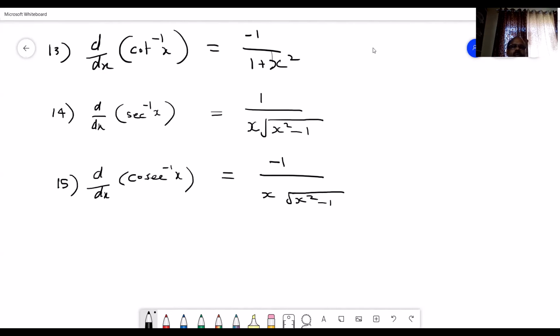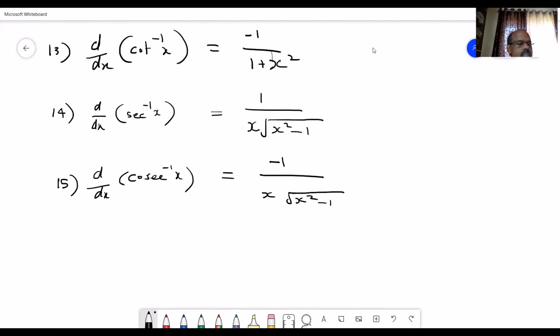Now let us come to the hyperbolic functions. The circular functions are over now. Let us once again see the derivatives. Sine inverse x is 1 by square root of 1 minus x square.